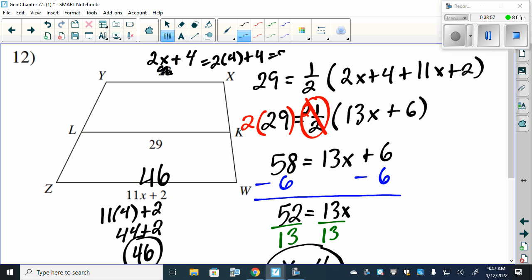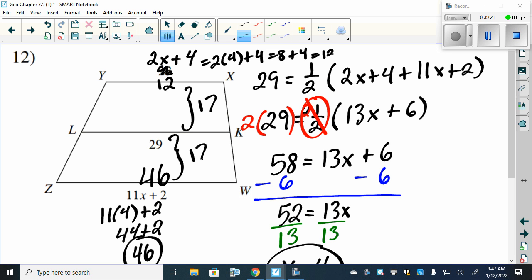Well, 2 times 4 is 8, and 8 plus 4 is 12. And the distance between this and this is 17, and here is 17. So it does work out exactly to be 29.